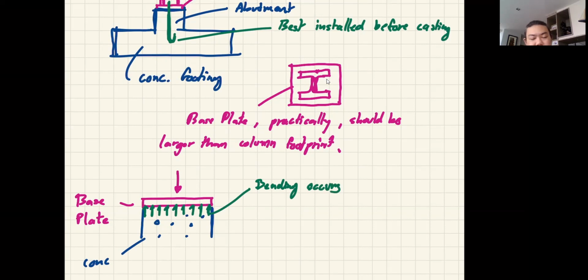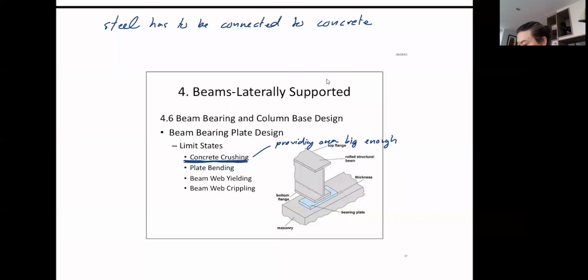Now we don't want the plate to fail by bending. So when we look at this failure, we prevent this by providing a plate that is thick enough.